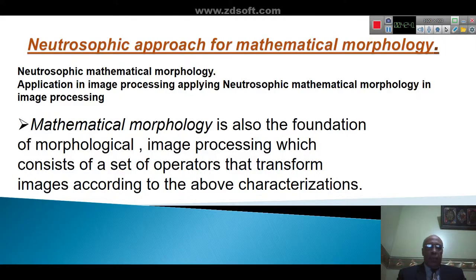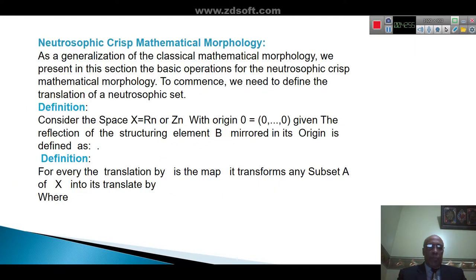Another application, neutrosophic approach for mathematical morphology. Neutrosophic mathematical morphology applications in image processing, applying neutrosophic mathematical morphology in image processing. Neutrosophic crisp mathematical morphology.